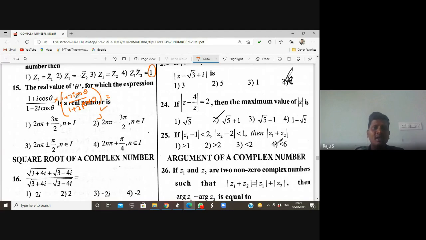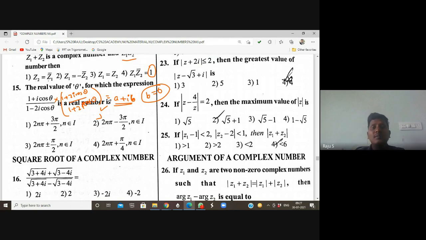Real number means here we are going to get two parts, the standard form. After getting the standard form, this imaginary part b value we can equate to 0, because clearly mentioned that it is a real number. It becomes a real number when the imaginary part becomes 0. If we make that 0, you are going to get the theta value. Surely that is 90, like that you will get.